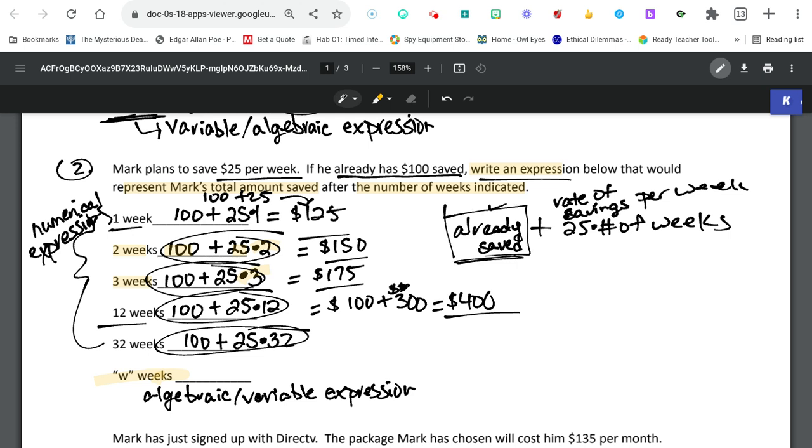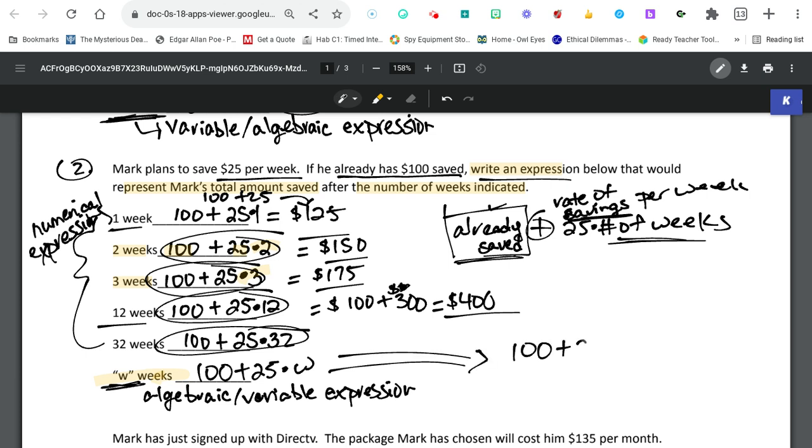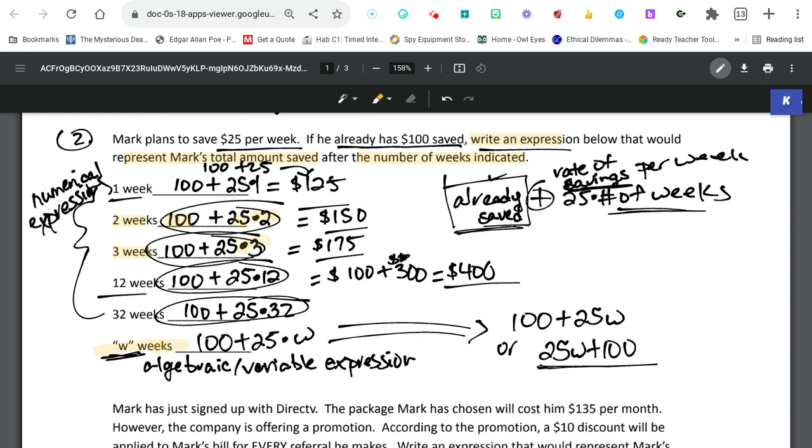I'm going to take what he already has saved, add to it his rate of savings, which is 25 times the number of weeks. In this case, it's W. Now, this can be written with the 25 and the W written together, or you can write this as 25W plus 100.